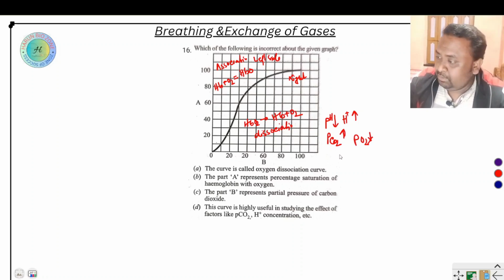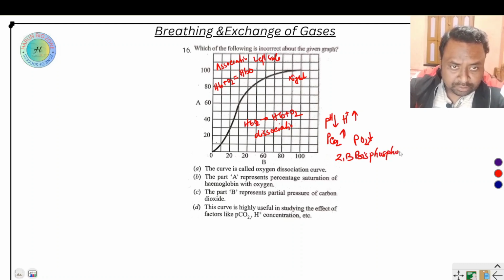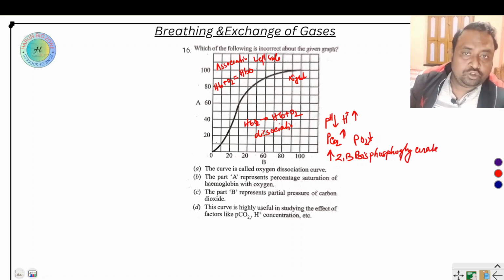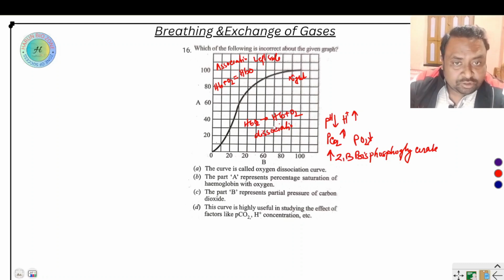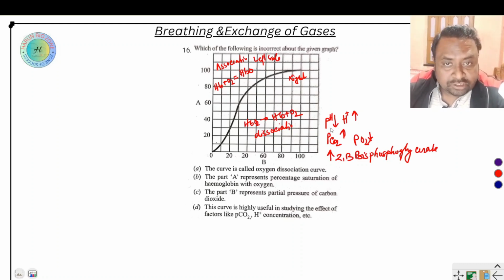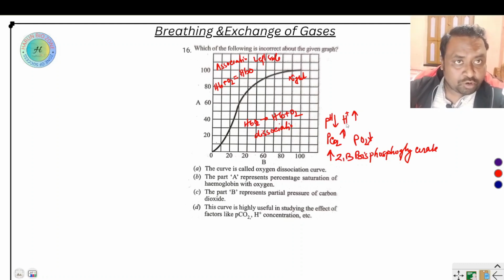When 2,3-bisphosphoglycerate concentration in blood increases, dissociation occurs. So when hemoglobin and oxygen dissociate, pH is low, that means proton concentration is high. When CO2 concentration is high, oxygen concentration is low.